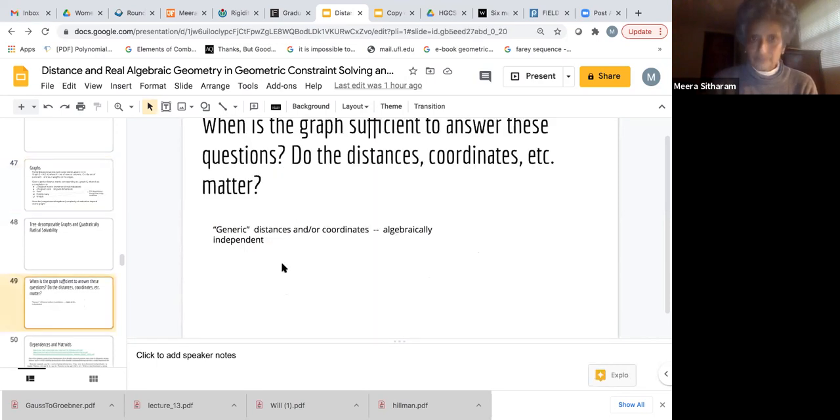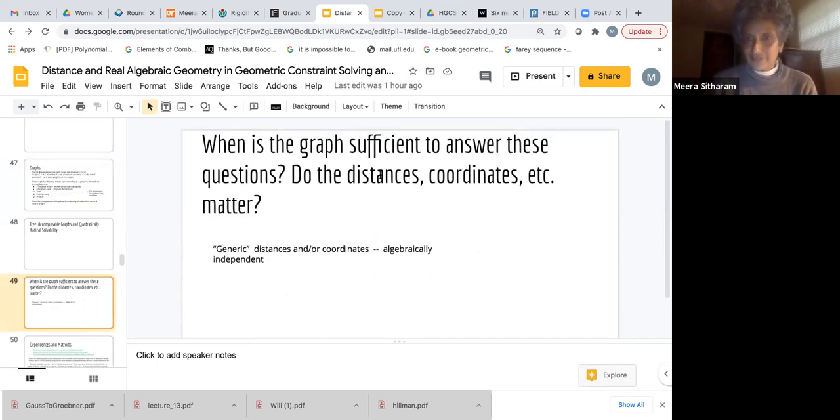So the question is, when is a graph sufficient to answer all of these questions? Do the distances, coordinates, etc. actually matter? Do the actual values matter? Obviously they matter to some degree, but to what extent can we answer these questions just by looking at the graphs?